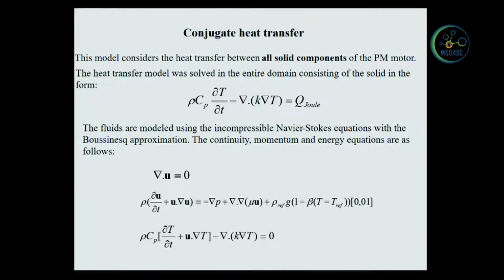And for the fluid part, we plan to model it using the incompressible Navier-Stokes equations with the Boussinesq approximation. And here is the system that we have to solve: the continuity equation, the momentum equation augmented by the Boussinesq approximation, and the last one, the energy equation in the fluid part.